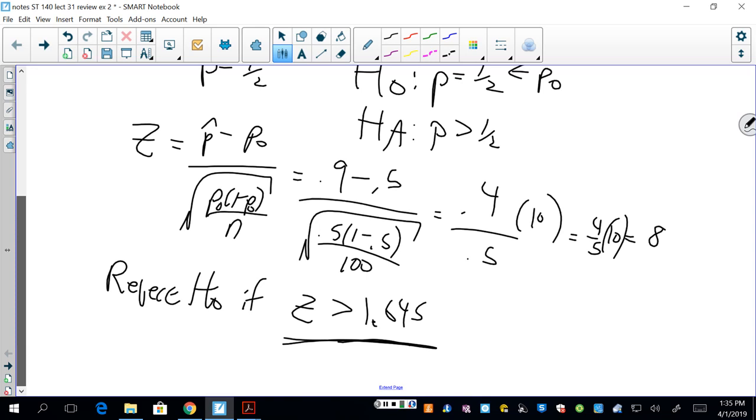But in any case, 8 is huge. And so because our z-value is 8, we reject the null hypothesis, and it's not equal chances, equal benefit from color; the color's doing a lot better in terms of sales.